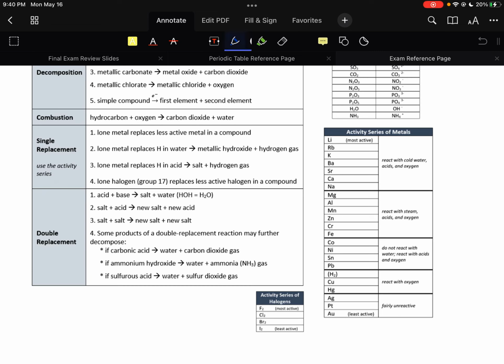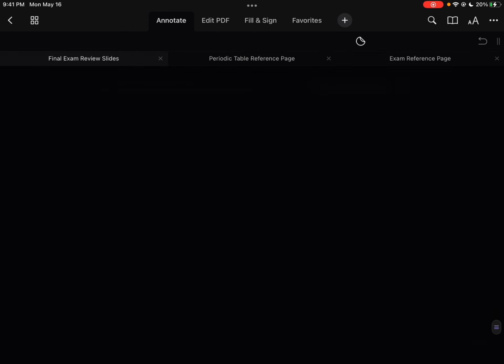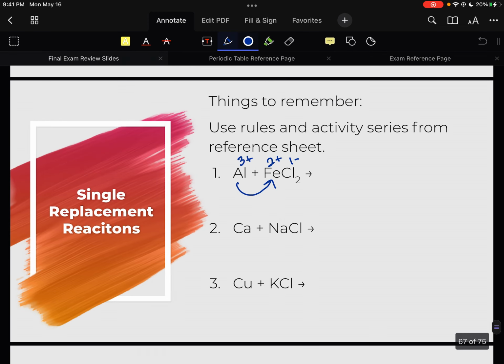So I'm looking to see, is aluminum, there's aluminum, and it is above iron. So yes, my reaction will take place. So now iron is by itself, and then the aluminum is going to bond with chlorine. So these will crisscross, and we'll end up with AlCl3.